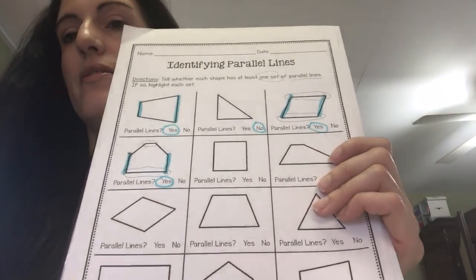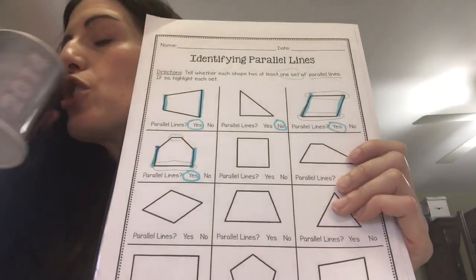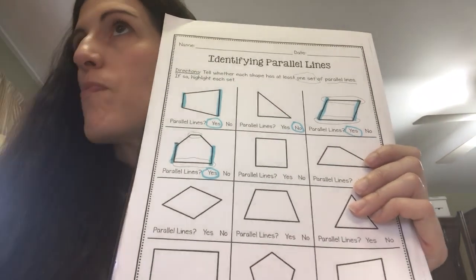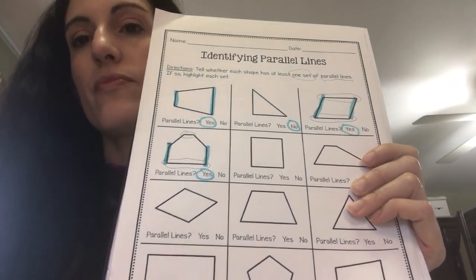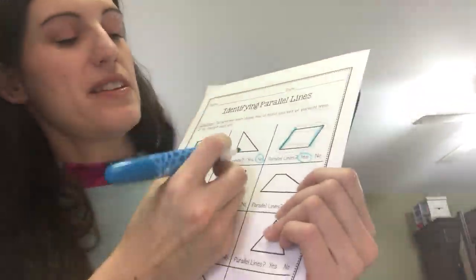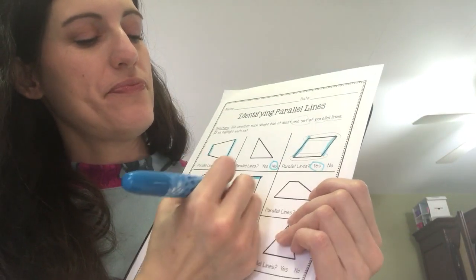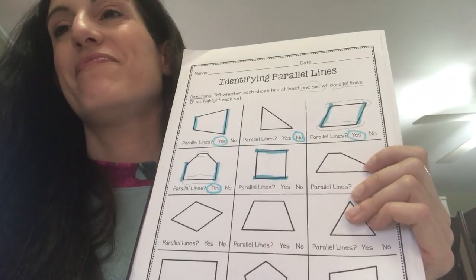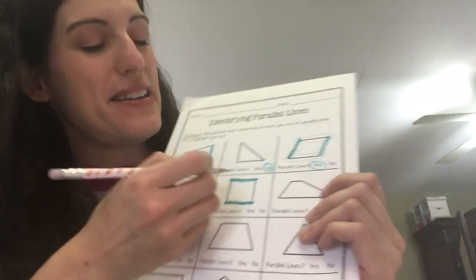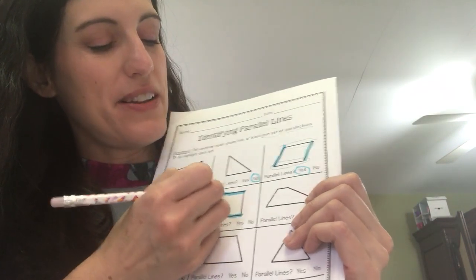Okay, I bet you can do this next one. What do you think about the next one? Yeah, top and bottom are parallel. Yep, you were right. Side and side are parallel also. So yes.